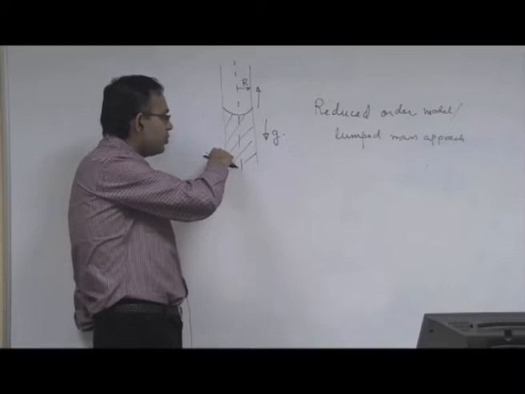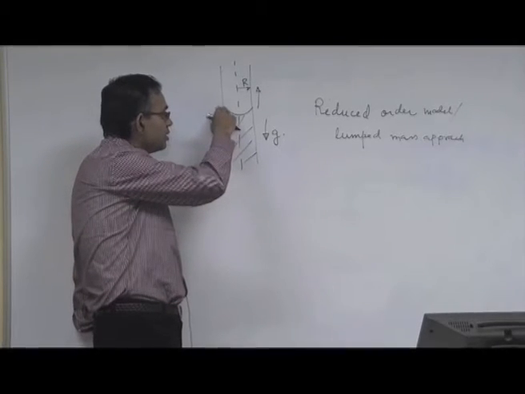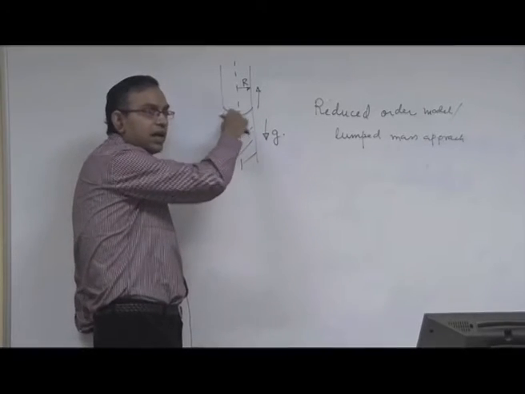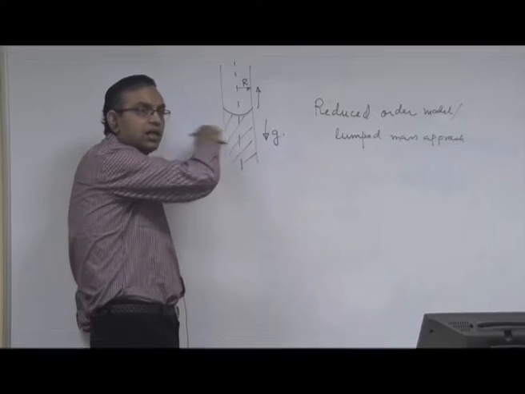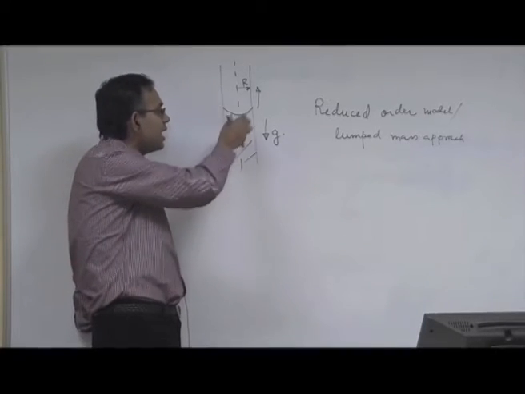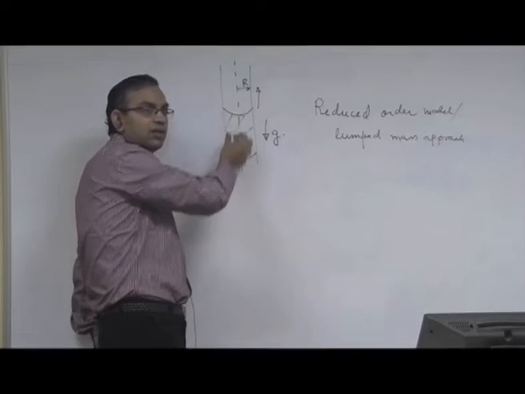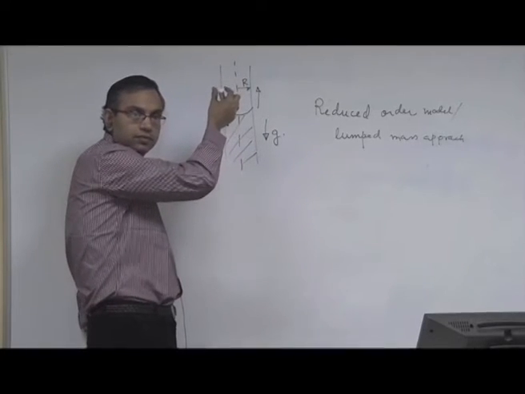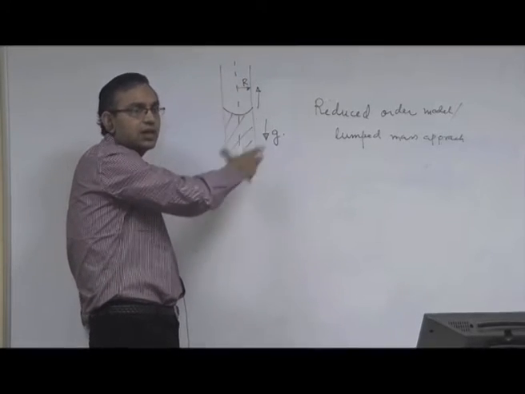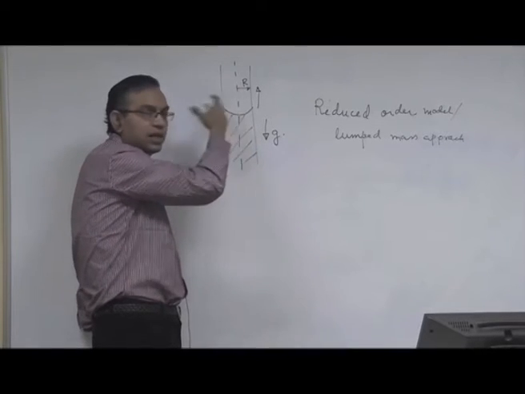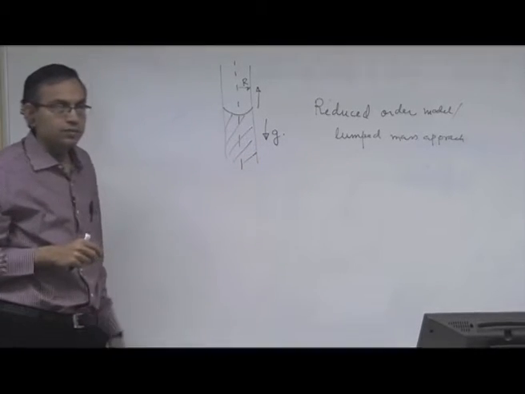Then the details of the variation along the cross sectional direction are lost. It is effectively like a lump moving along the x direction. The details of the mass distribution and all those things are not important.